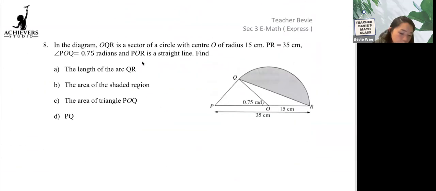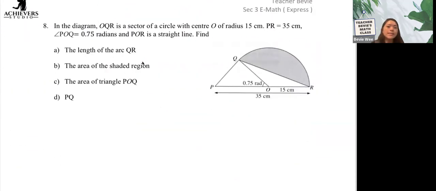Okay, next one. I have something slightly different now. OQR is a sector of a circle with center O, radius 15. So this is also my radius. This is my sector of my pizza.